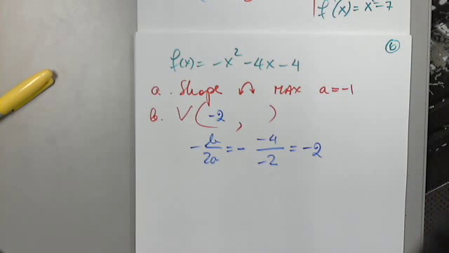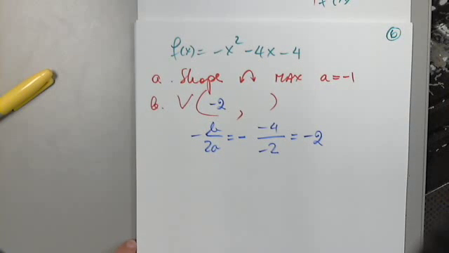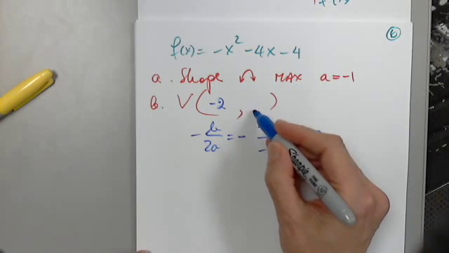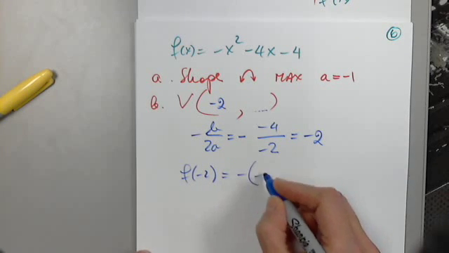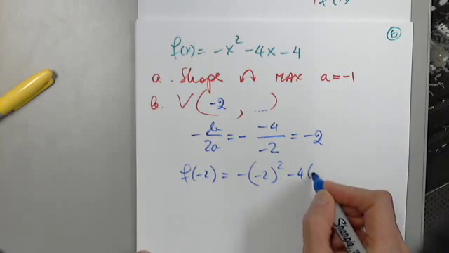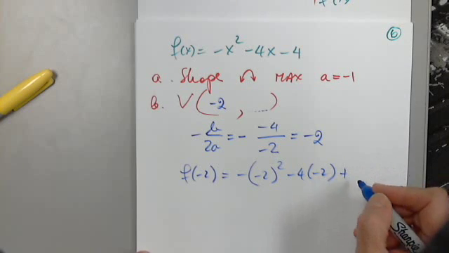How do I find the y-coordinate of the vertex? How do I find this? Very good. Indeed, f of negative 2. Be very careful how you plug it in.